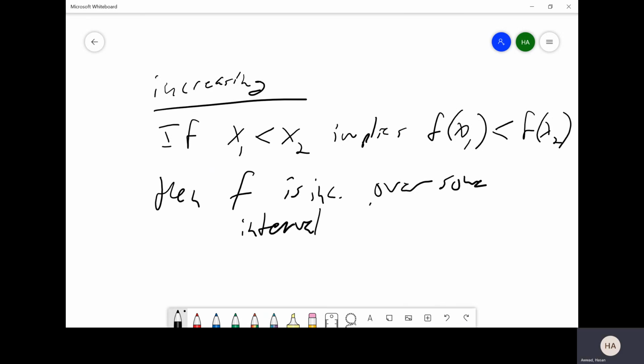And the interval we just define as AB. I don't know what the interval is. We don't know the numbers because this is just a general rule, right? Just the general definition, but it's increasing over some interval starting from one number to another.